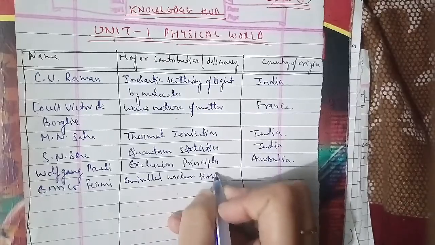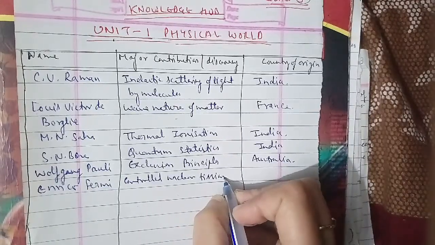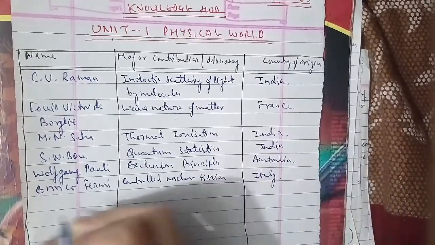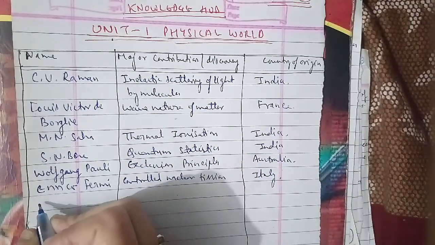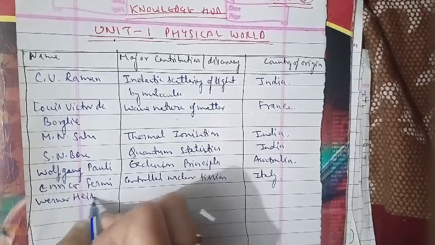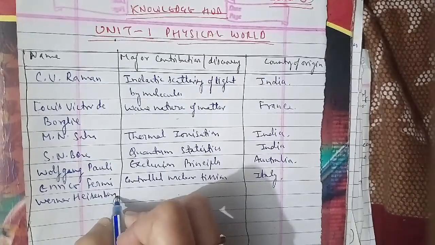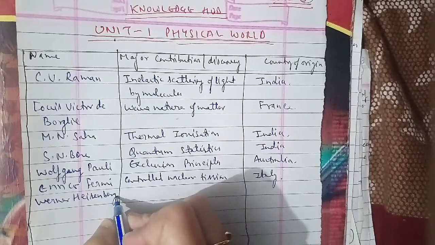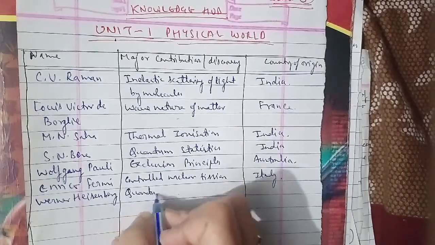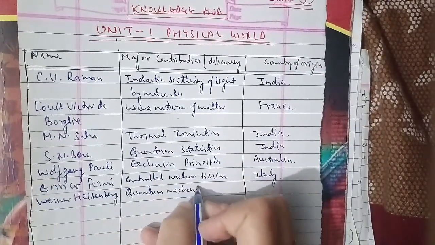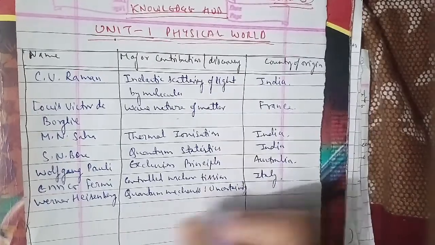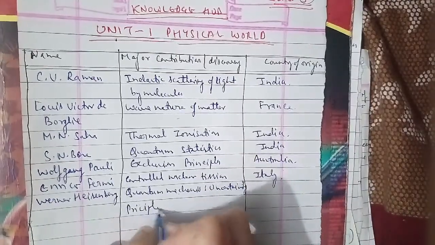Now we talk about another physicist, Werner Heisenberg. His contributions and discoveries are quantum mechanics and the uncertainty principle, and the country of origin is Germany.